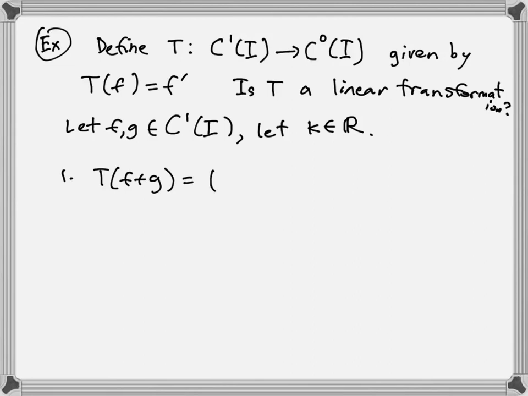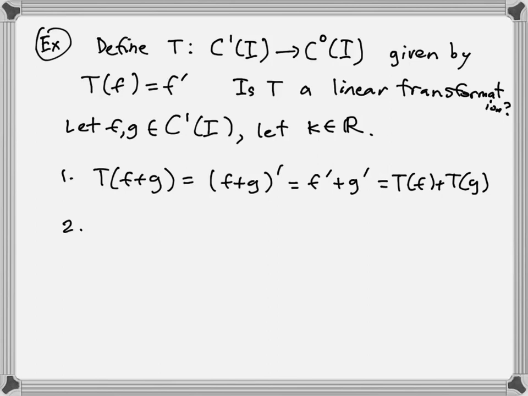This is just going to be f plus g prime. And we know from calculus that when you take a derivative of a sum, this is just equal to the sum of the derivatives. Okay, but this is just T of f plus T of g. In other words, property 1 holds.